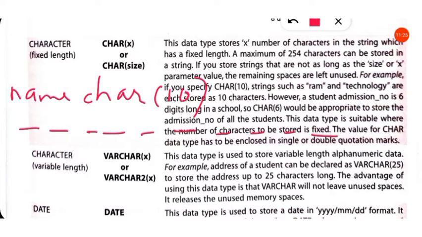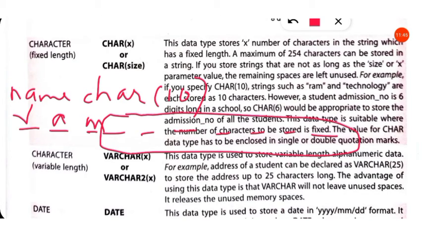So instead of this, if I use the varchar data type, these char and varchar are used for storing strings. If I store RAM using varchar, then some memory units are free, not 9, 7 memory units are free.